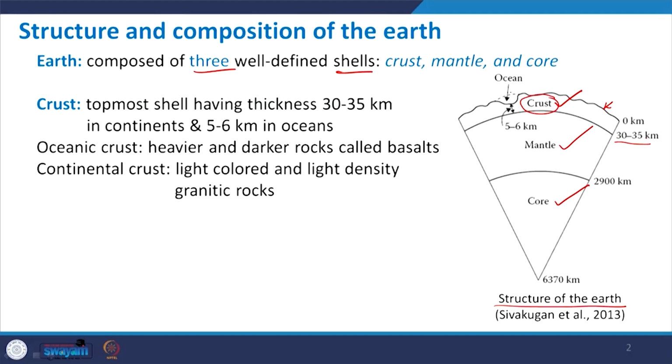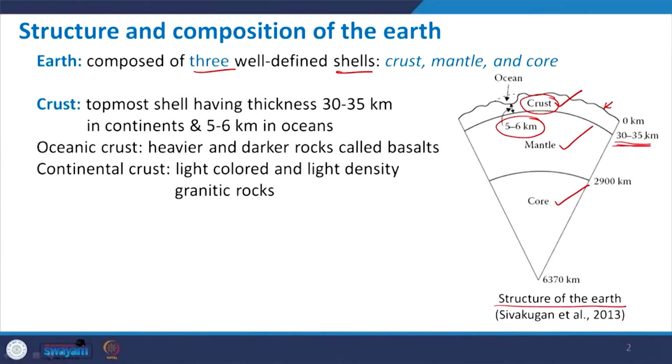In case of the oceanic crust, the thickness of the crust is 5 to 6 kilometers. So keep in mind that the portion 30 to 35 kilometers below the earth's surface is called the crust of the earth.